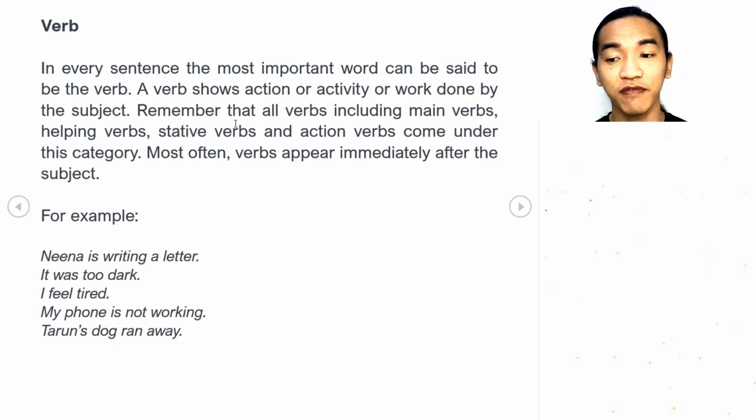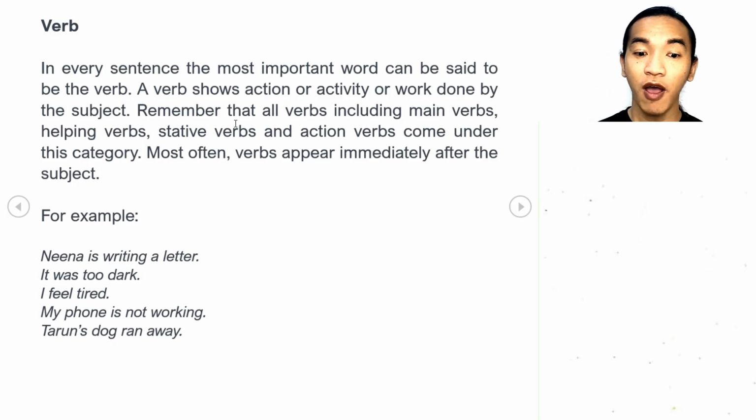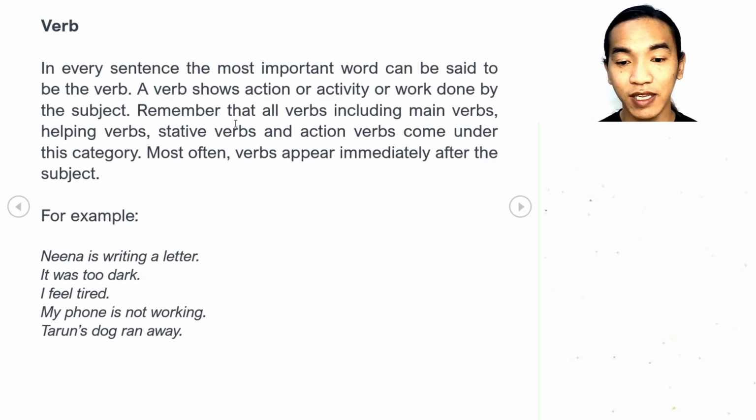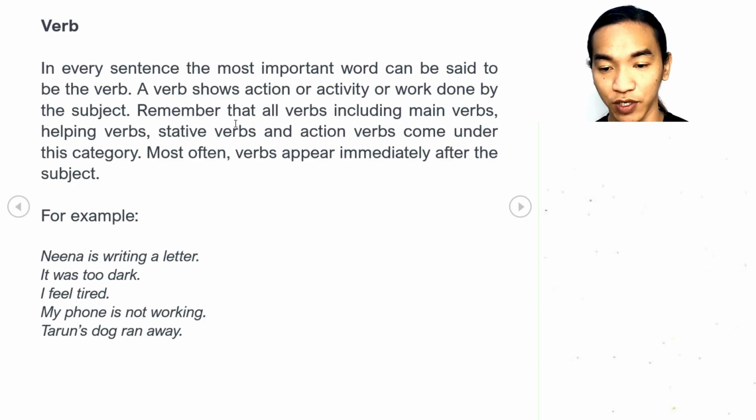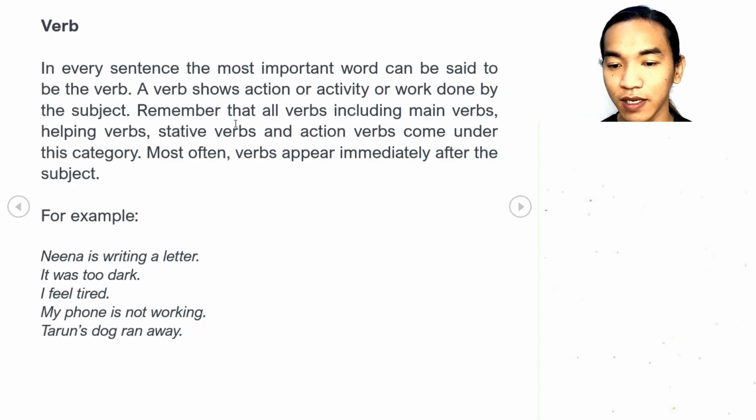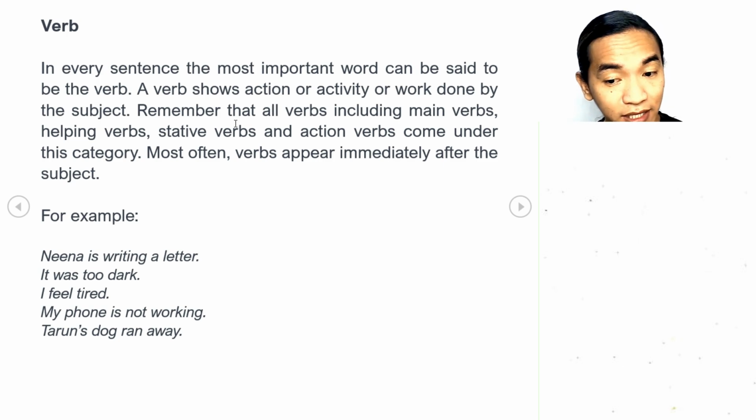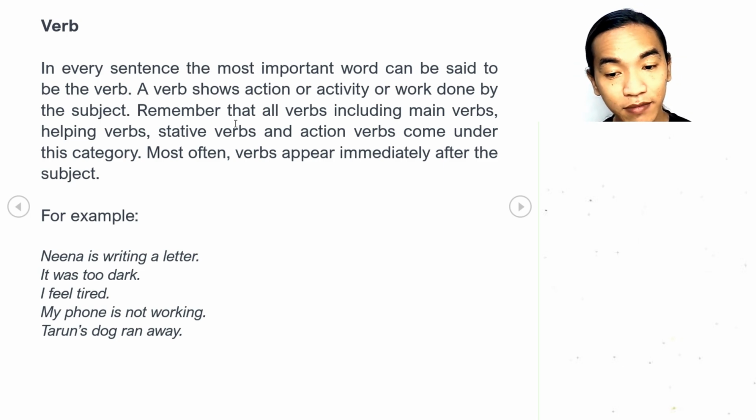Most often, verbs appear immediately after your subject. So most of the time, you see your verb after your subject. Example, Nina is writing a letter. It was too dark. I feel tired. My phone is not working. Tarun's dog ran away. Okay, so I think you know what verbs are.